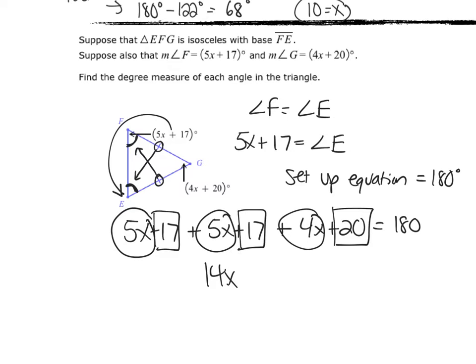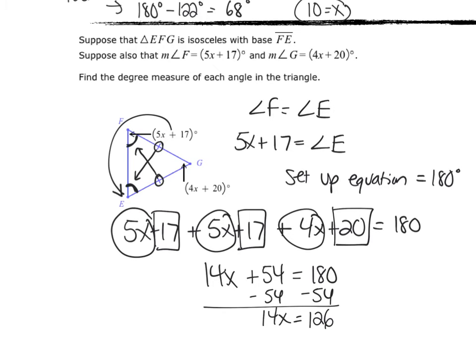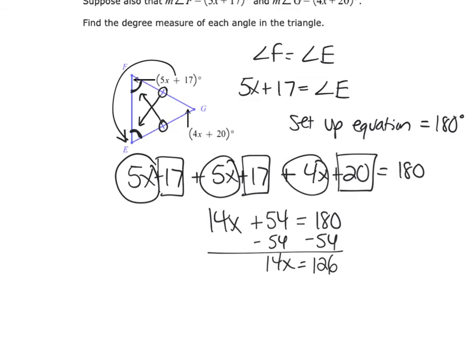So that is 54 is equal to 180. So we're going to minus the 54 from both sides. And we've got 14x is equal to 180 minus 54, which is 126. We're going to divide by 14 on both sides. And x is 9.